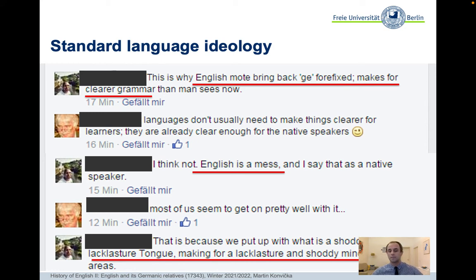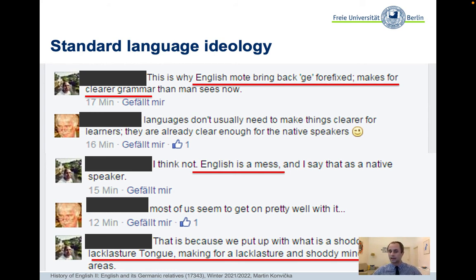Right? And also the idea that if you use the language, remember what I talked about a minute ago when I talked about prestige, it also works the other way. And people who use non-standard language are seen as having, to quote this Facebook user, a shoddy mindset, right?